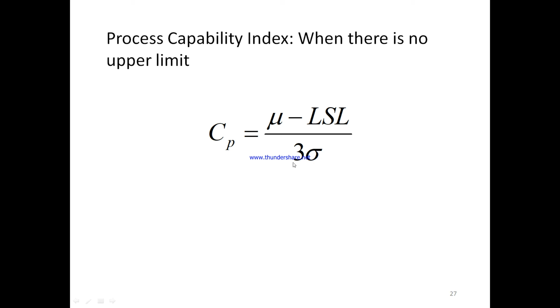Since that difference is equal to 3 sigma, you divide this by 3 sigma. And when there is no lower control limit, you replace the lower specification limit value by mu.